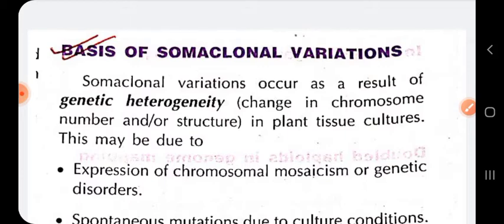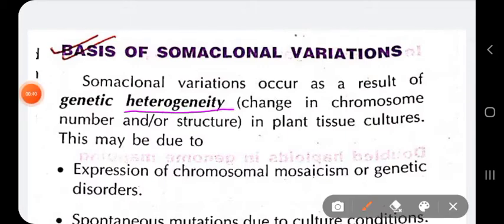Heterogeneity also occurs during protoplast culture when we are fusing two protoplasts from different species to make a hybrid protoplast. Due to this heterogeneity, the DNA or chromosome content of protoplast A is almost entirely lost, and it makes a hybrid.